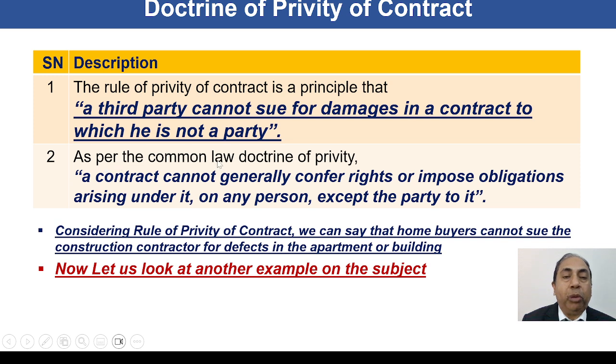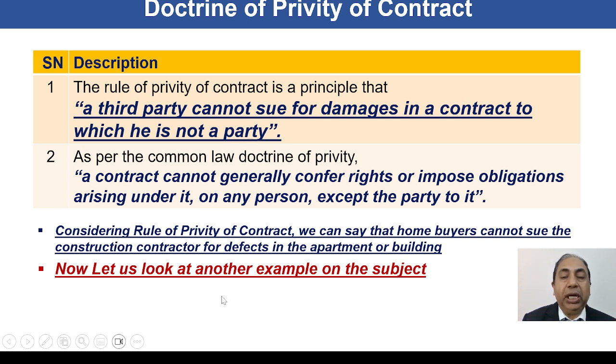As per the common law doctrine of privity, a contract cannot generally confer rights or impose obligations arising under it on any person except the party to it. So considering rule of privity of contract, we can say that home buyers cannot sue the construction contractor for defects in the apartment or building.